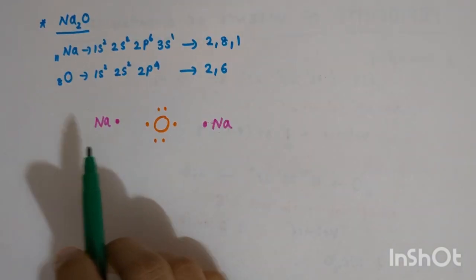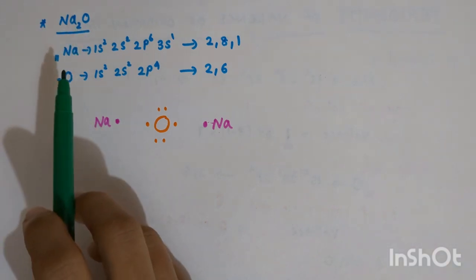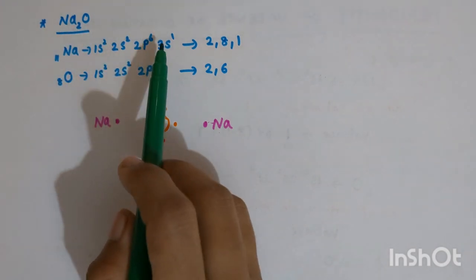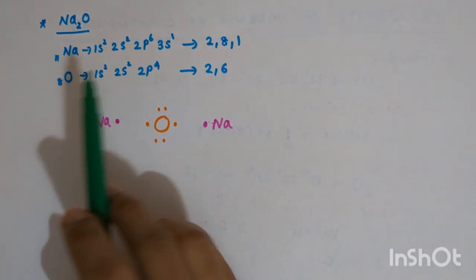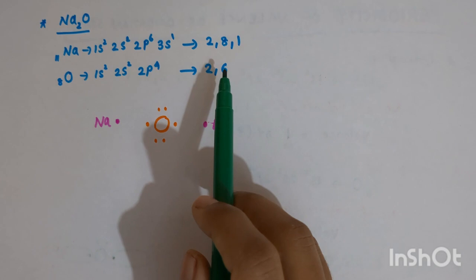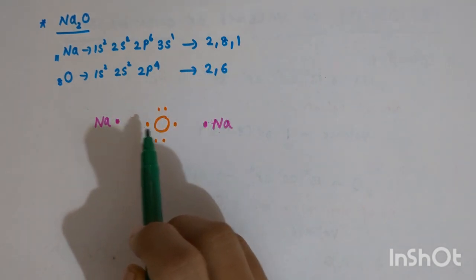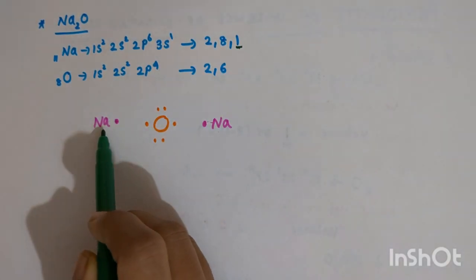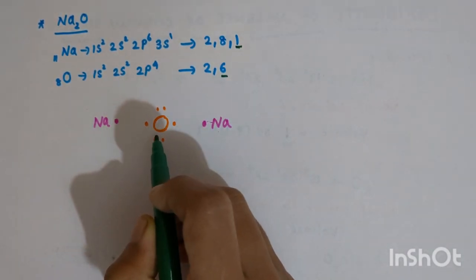Now let us consider the other oxygen containing compound, sodium oxide, Na2O. Sodium has atomic number 11, electronic configuration 1s2, 2s2, 2p6, 3s1, that is 2, 8, 1. Oxygen has atomic number 8, so 1s2, 2s2, 2p4, that is 2, 6. When Na2O is formed, sodium has 1 valence electron and oxygen has 6 valence electrons.